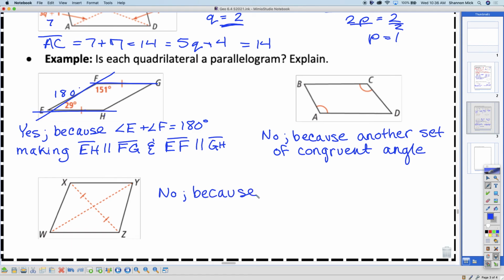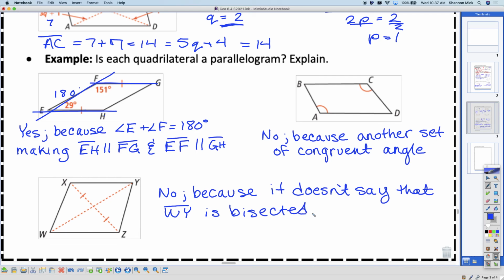Let's phrase this one a little bit differently than the other one. It doesn't say that WY is bisected. If it told me that WY was bisected, would this be a parallelogram? Yes, but it doesn't tell me. This is where I was getting what information do I still need, because I had to state what I still needed, didn't I? Okay, so this is all your homework is.